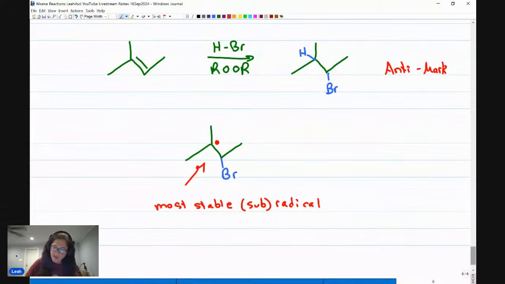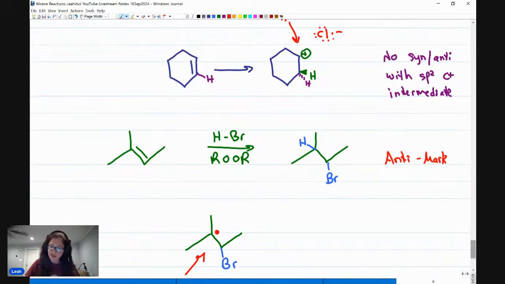All right, so we have anti-Markovnikov, and just like the carbocation, the radical can be on the top or the bottom. That means the addition of the last step can happen top or bottom. So that means we're not looking at a syn anti situation. We're just looking at, well, it adds either side.